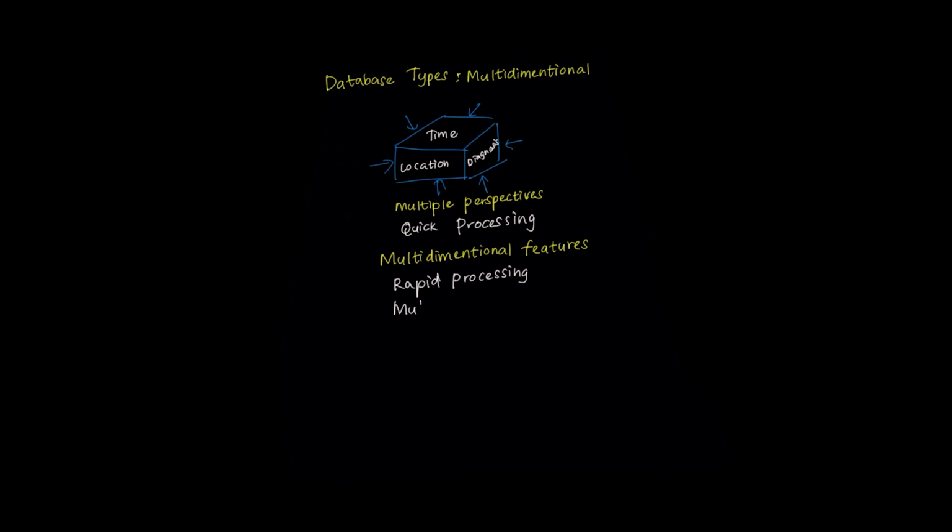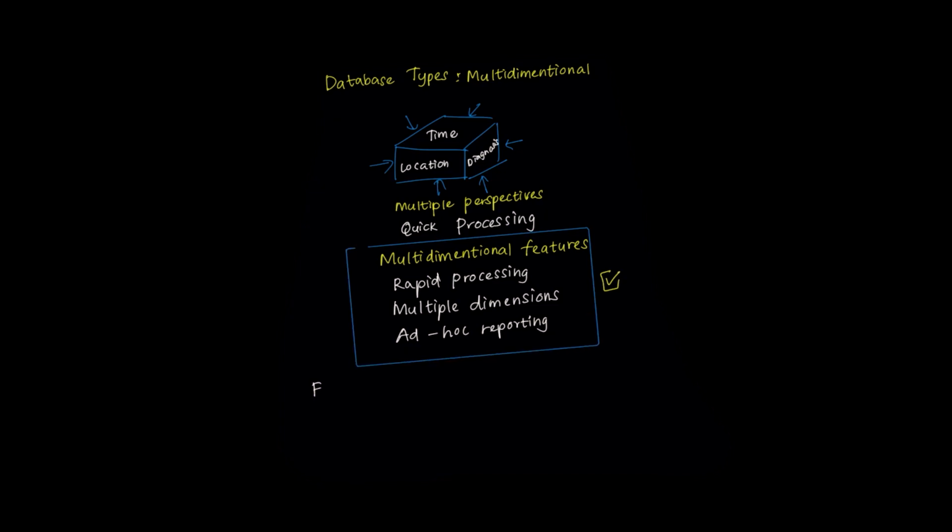The key features are rapid processing of large volumes of data, ability to view information from multiple dimensions or perspectives at once, and support for ad hoc queries where users can explore data dynamically without predefined reports. Flat file databases are simple single-table structures completely inadequate for multidimensional analysis.